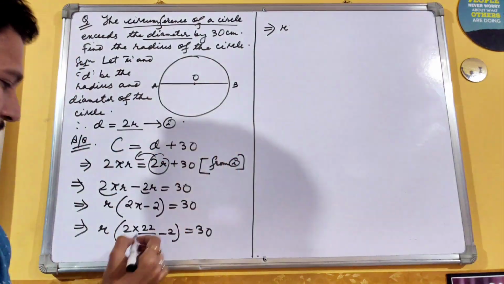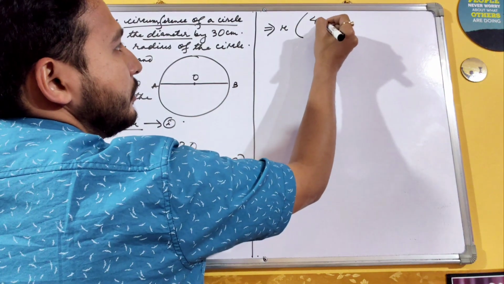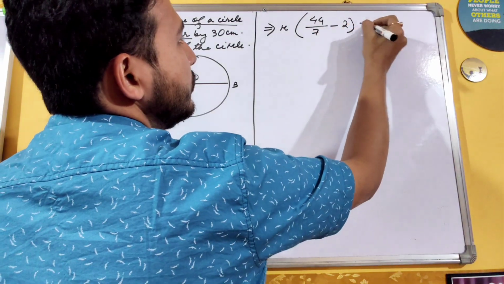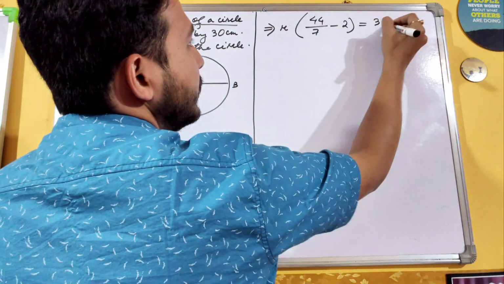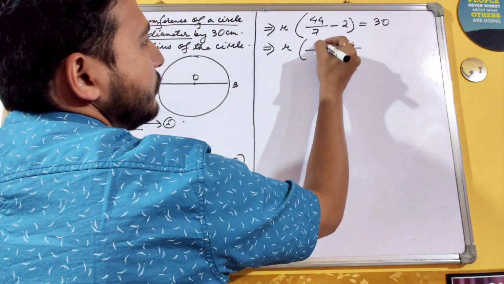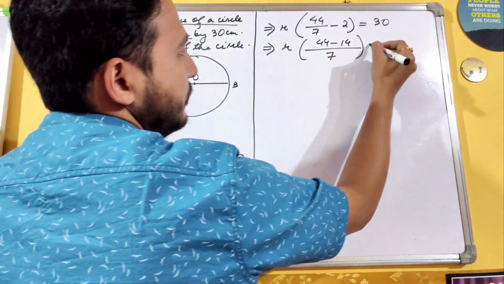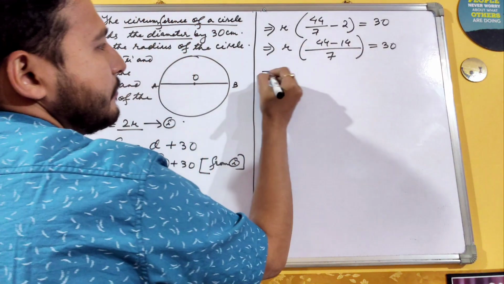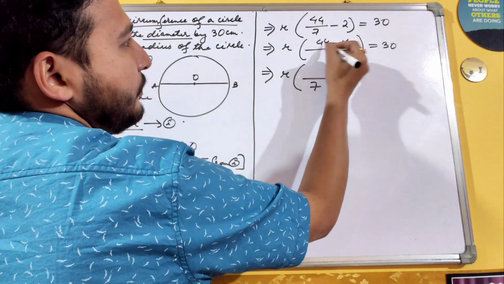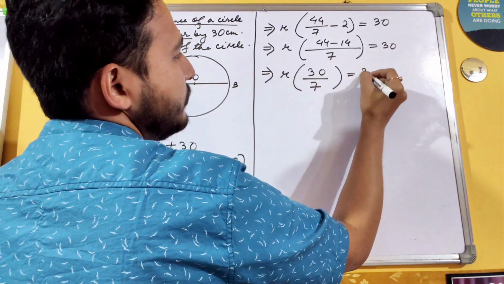R, 2 times 22 is 44 by 7 minus 2 is equal to 30. Just take the LCM. 7: 44 minus 1 times 7, 7 times 2 is 14, gives 30. R, 44 minus 14 over 7 is equal to 30.